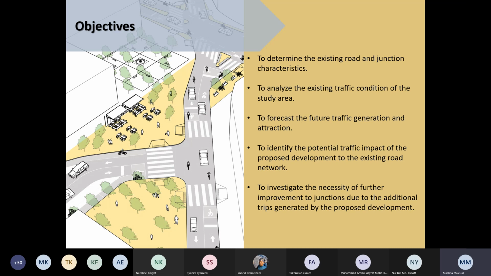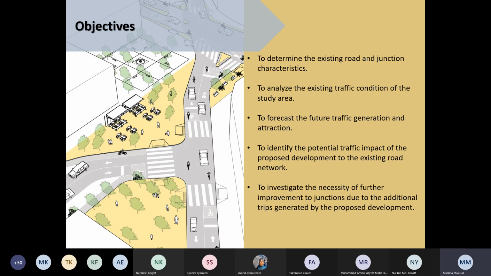Sometimes we have 3-arm junctions, sometimes we have 4-arm junctions, or sometimes more than that. We also want to analyze the existing traffic condition of the study area in terms of its traffic situation.